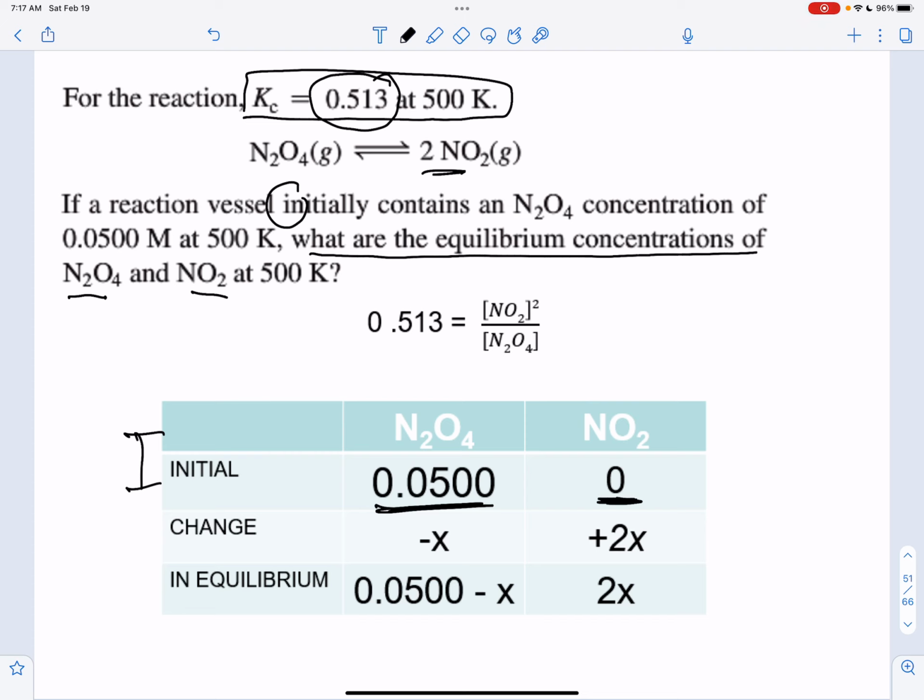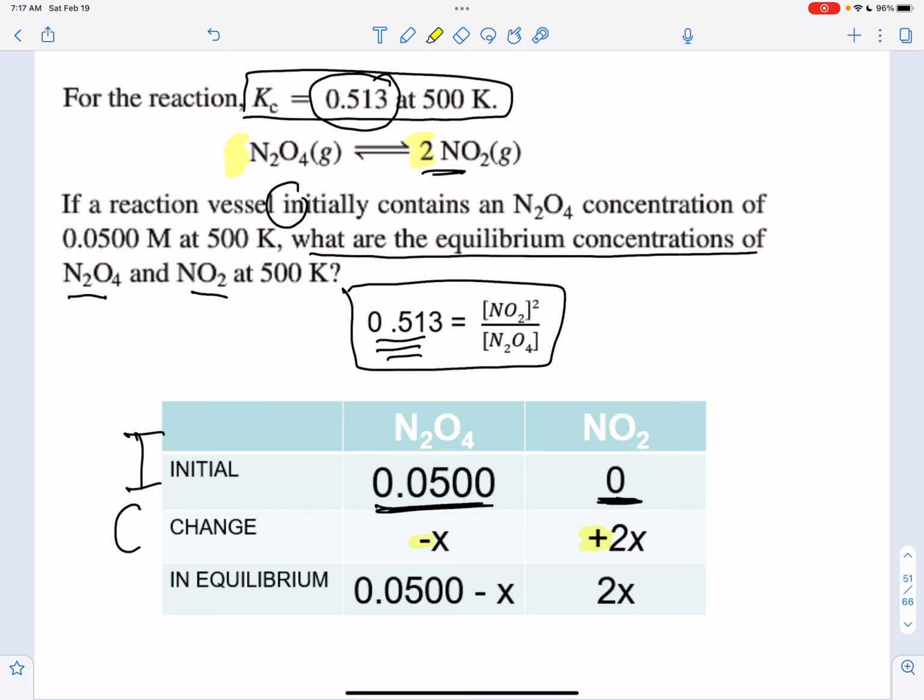And the equilibrium expression will be this, and we're given the equilibrium constant. So once more, the change is going to be, the reactants are going to be consumed while the product is increasing, is being created. And the relationship between this is 1 to 2.